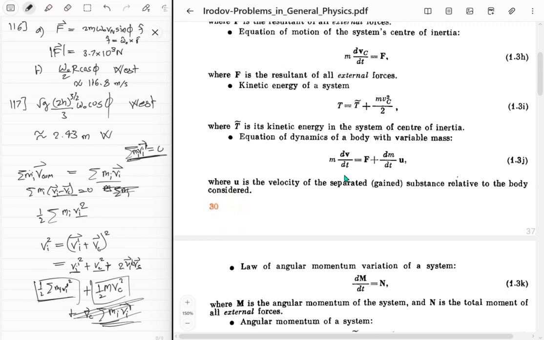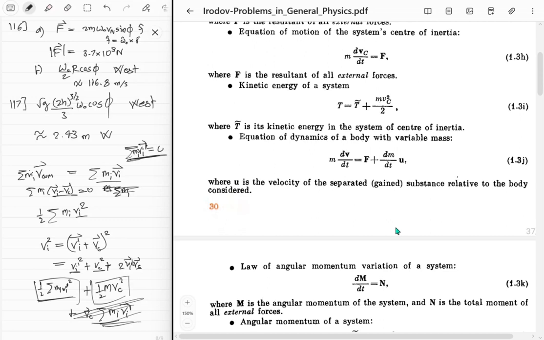It's just dp vector upon dt, which is d upon dt times v vector plus m times acceleration vector. That should be it. What is this equation? I don't know. Velocity of separated substance related to the body constraint. Okay, this is getting bad.